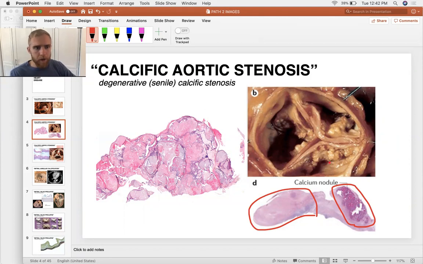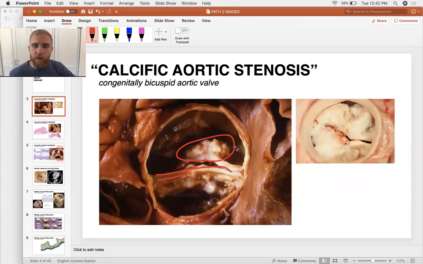And then again here, this is a normal tricuspid valve with some calcifications on it. We go back up, we see this is a bicuspid aortic valve, right? And so obviously we know that this is going to be the anatomical anomaly that's going to lead to an early presentation of a calcific stenosis.